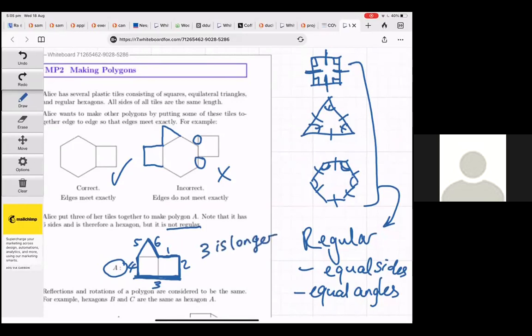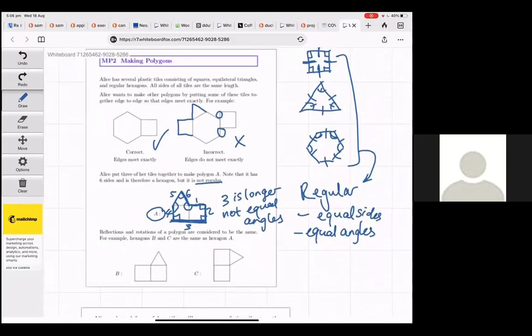Even though all the other sides are the same length, 3 is too long. And also not equal angles, because these are right angles, this one's bigger than a right angle, this one's actually a reflex angle because it's even bigger than a straight line, and this one's smaller than a right angle. So not regular, and that's why.